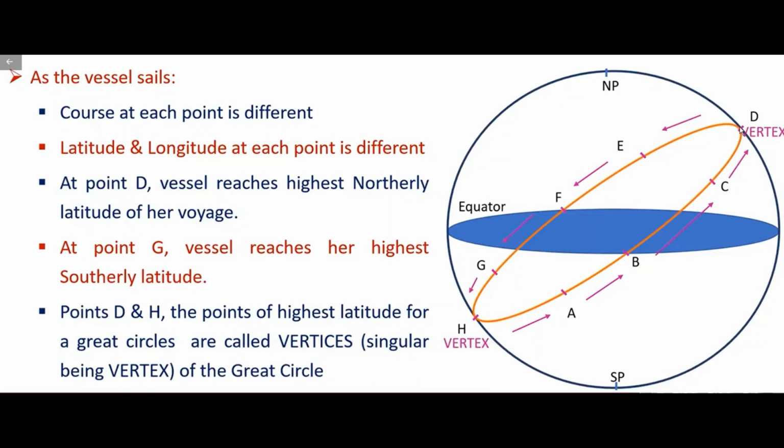It will be exactly going into the screen. This is a 3D diagram being shown. So are you able to visualize better that at point D, the vessel will be going exactly into the screen and its course will be 090?